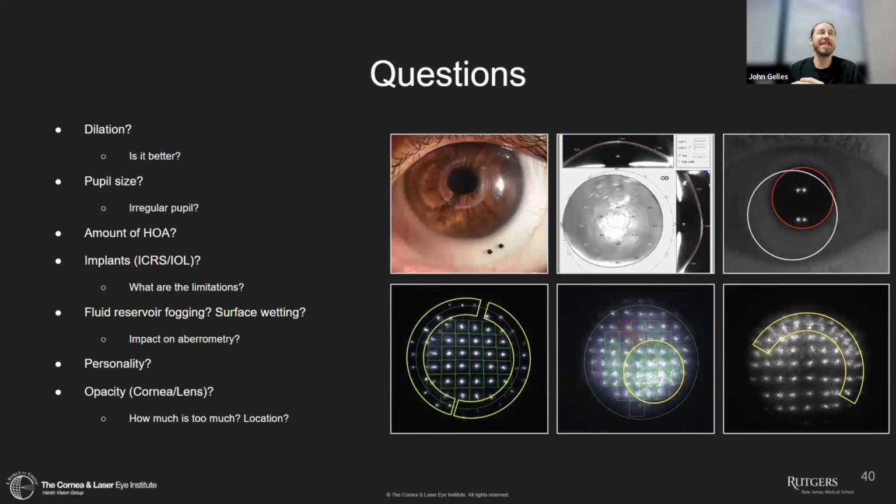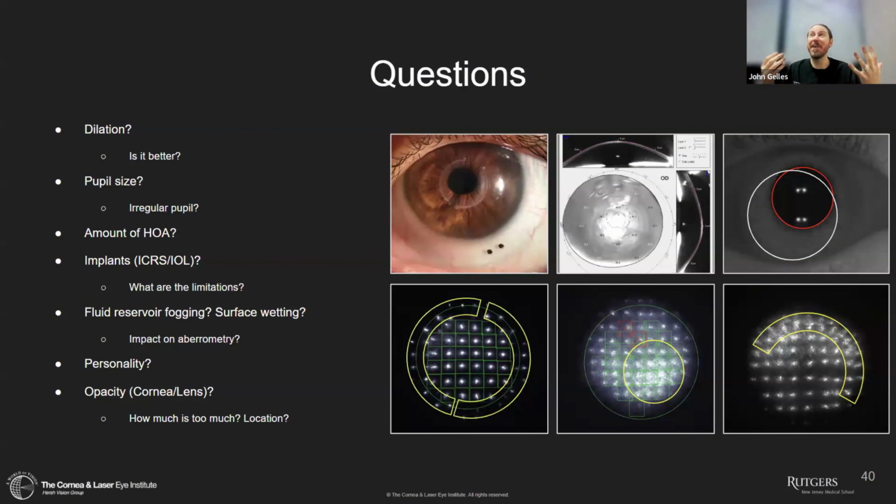The question is, is there a certain pupil size that will help us determine that a patient is a better candidate than another, right? Does somebody who has a much smaller scotopic pupil not benefit as much as somebody who has a very large scotopic pupil? Is there a certain amount of higher order aberrations that somebody needs to be successful?